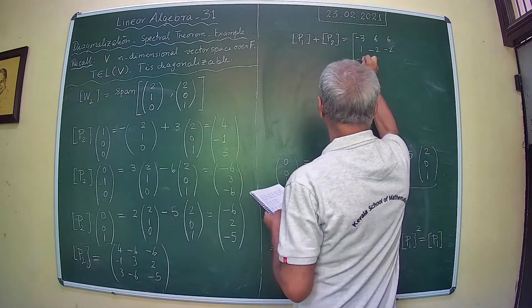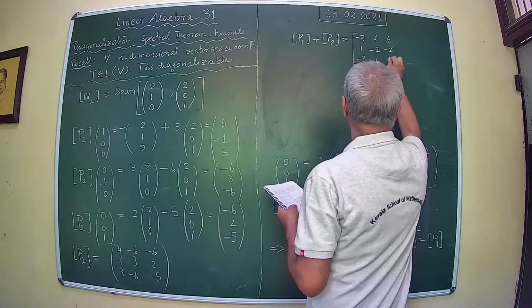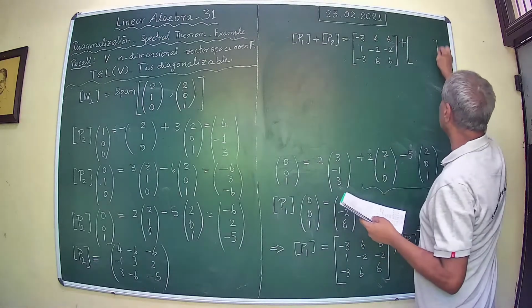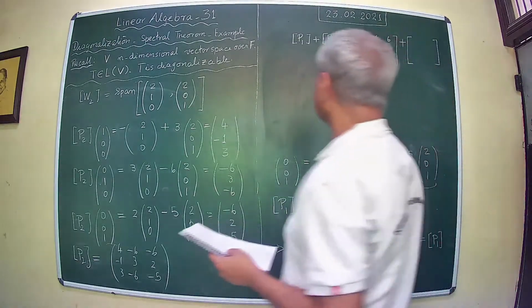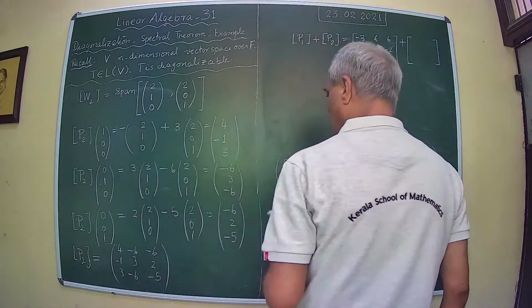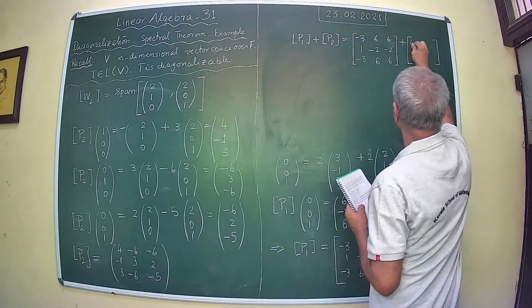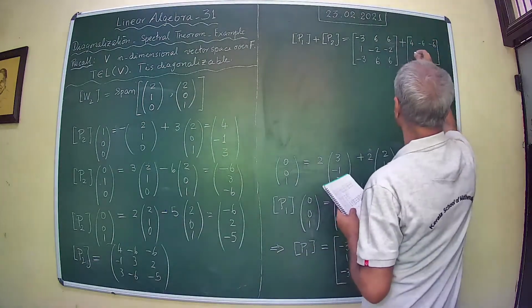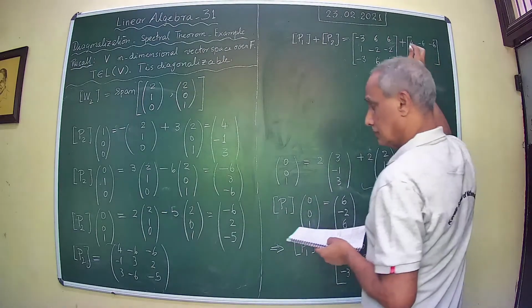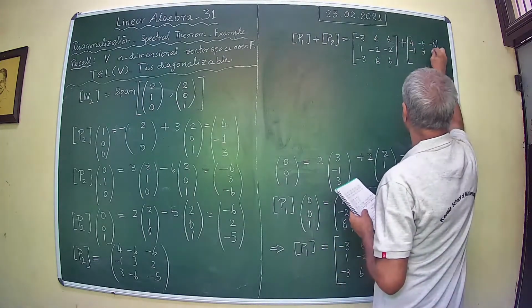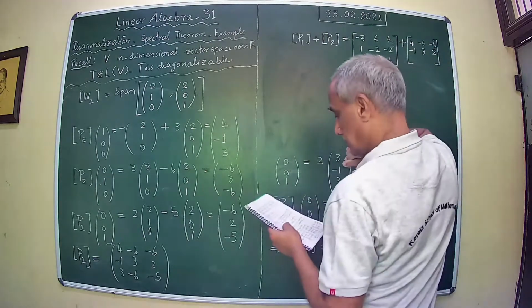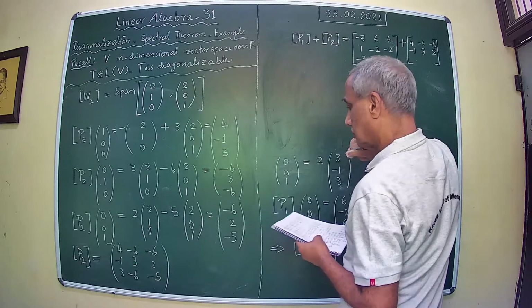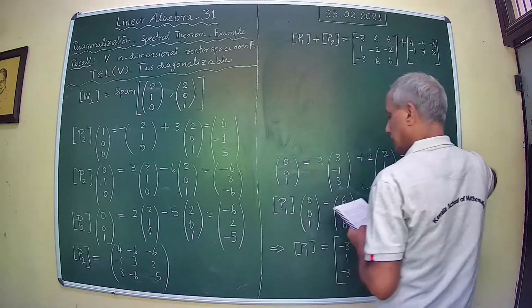Minus 3, 6. Plus 4, minus 6, minus 6. Minus 1, 3, 2. Then 3, minus 6, minus 1.